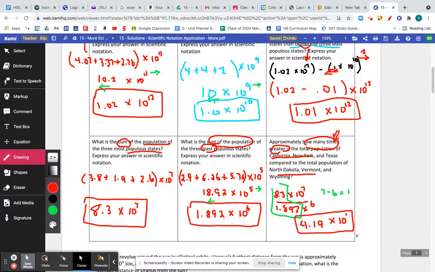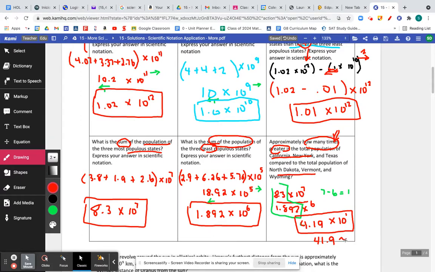Now, that's kind of a weird number to say how many times bigger are the big states than the little states. We say 4.19 times 10 to the 1. Well, 4.19 times 10 to the 1 is the same thing as 41.9. So basically, the big states are 42 times bigger than the small states.